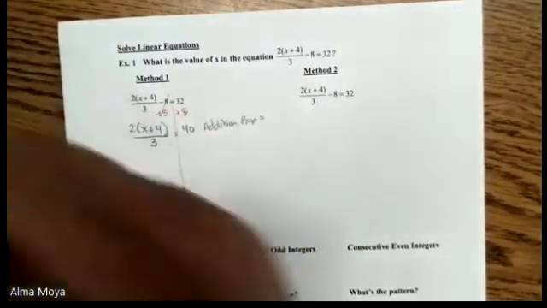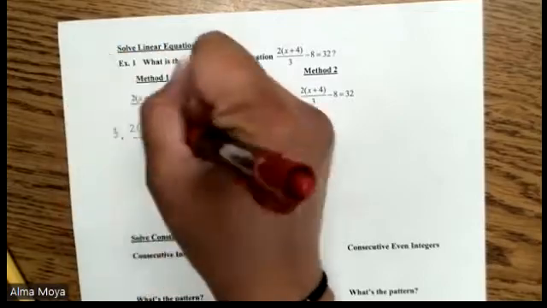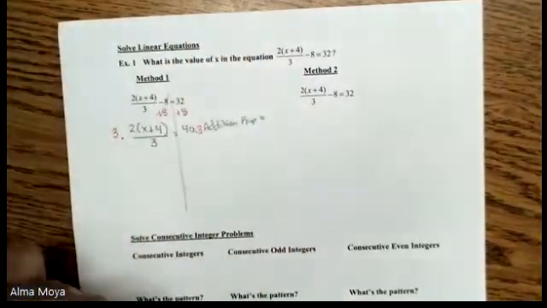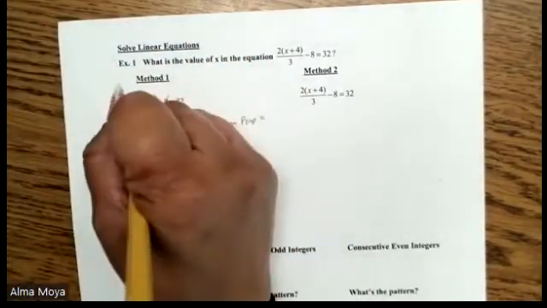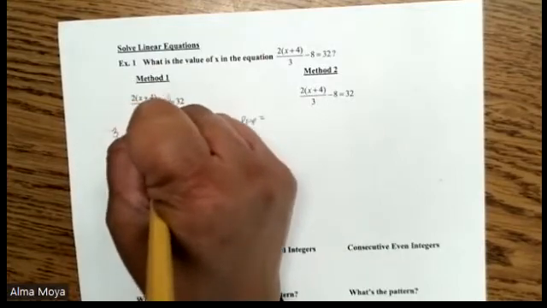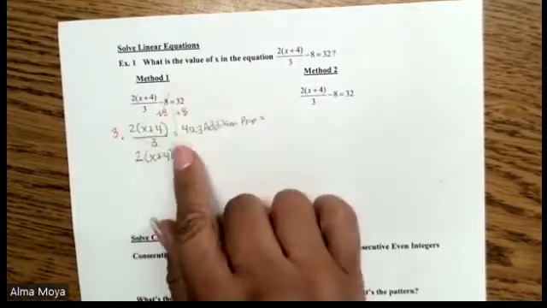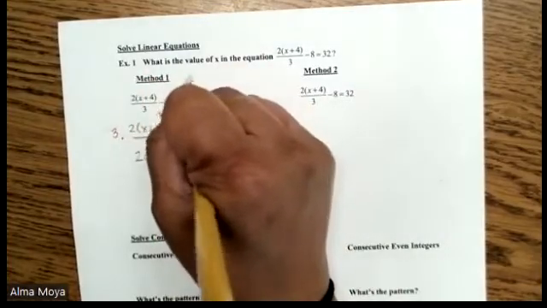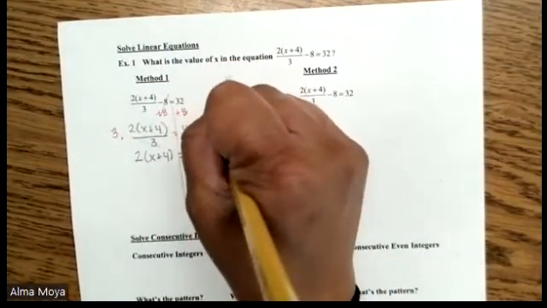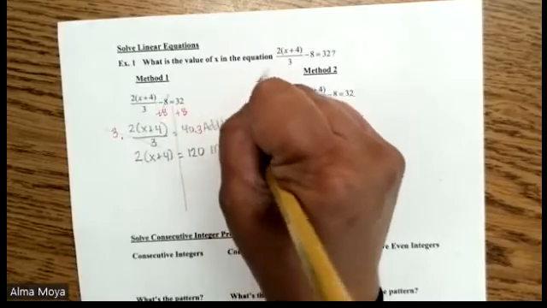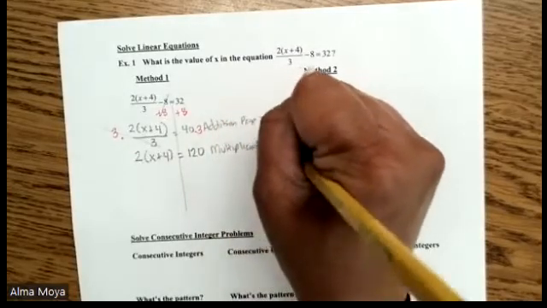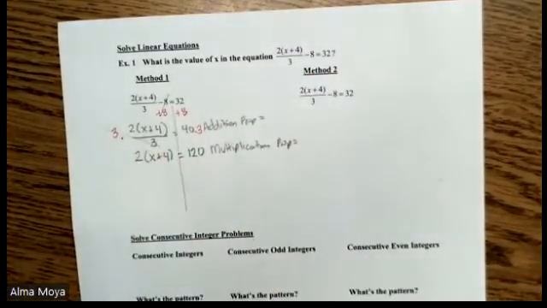The opposite of divide by 3 is multiply by 3. So now the 3's cancel out, and I'm left with 2 parentheses x plus 4 equals 40 times 3, which is 120, and that is called the multiplication property, because I multiplied to both sides.